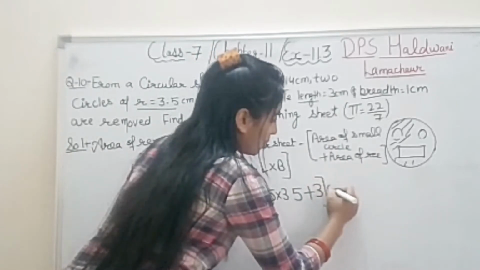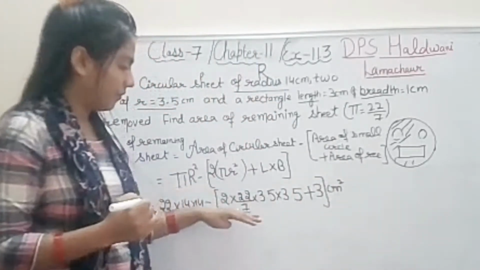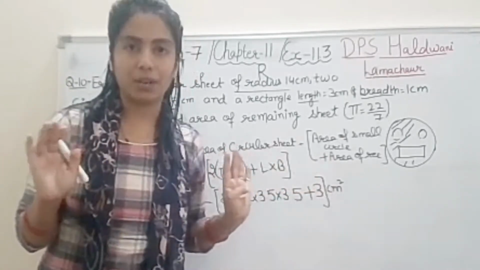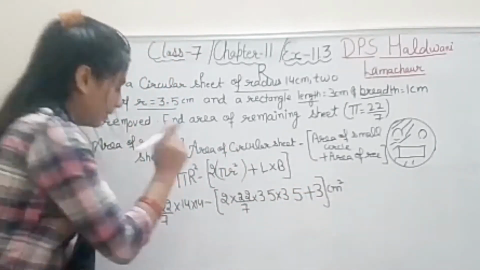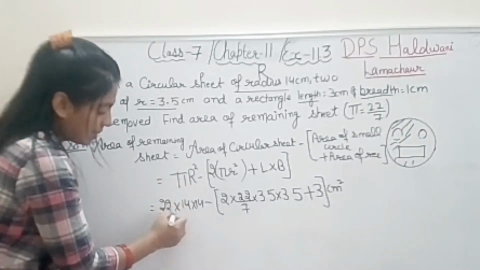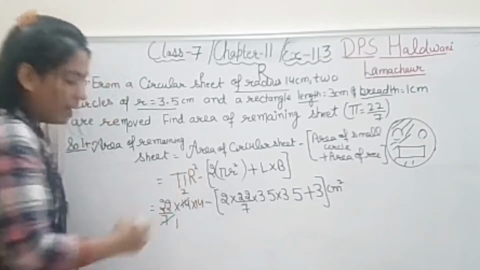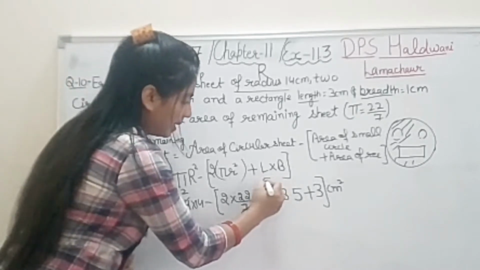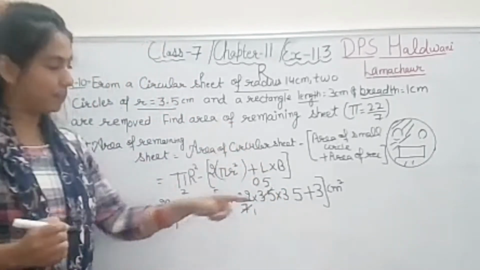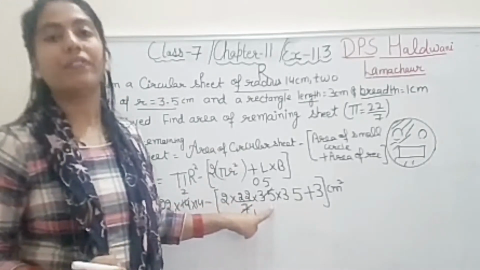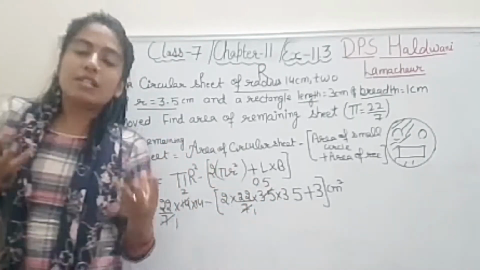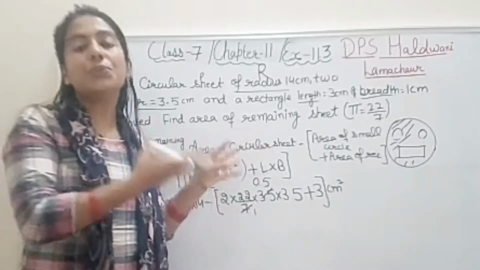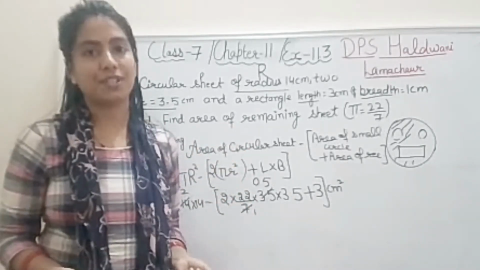The unit is centimeter square, so I have written it outside as common. Don't forget to write down the unit. Now the solution: 7 ones are 7, 7 twos are 14. Here also 7 ones are 7, 7 fives are 35. It means 0.5, so it is 3.5, with one digit after the decimal. These small things we have learned in our previous topics, and we are just using them in the solution.